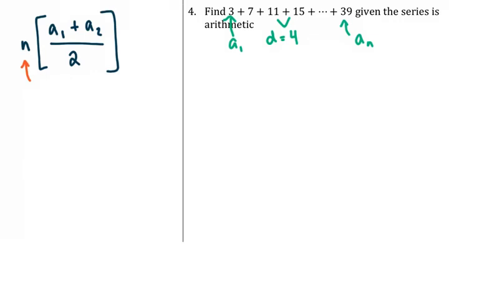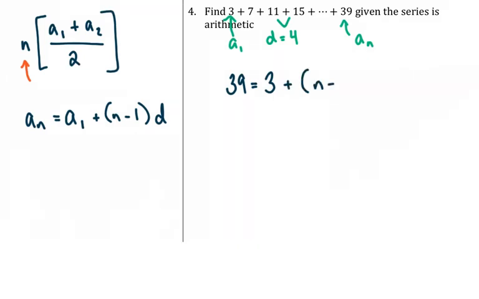And I'm going to find that using our initial arithmetic formula right there. So what we know is that the nth term here is 39. And we know our first term is 3 plus n minus 1, because that's the variable we don't know, that's the one we want. And our common difference is 4.